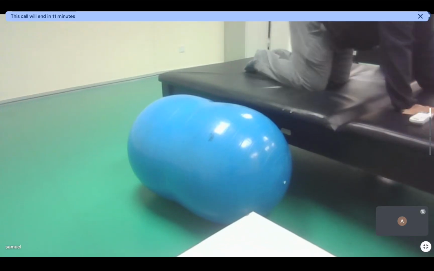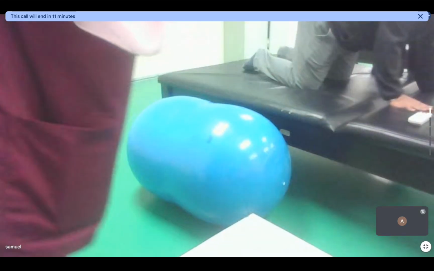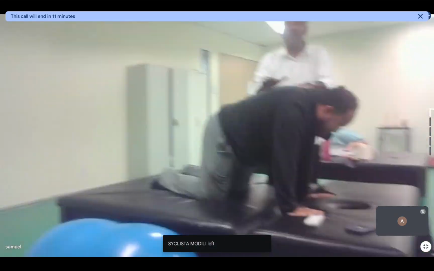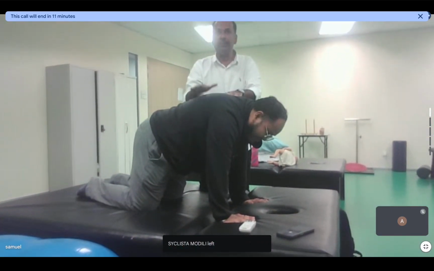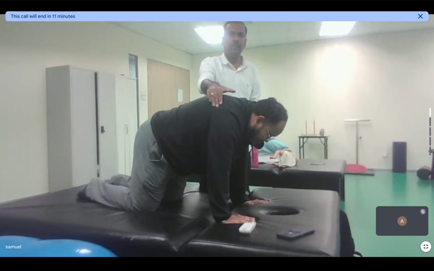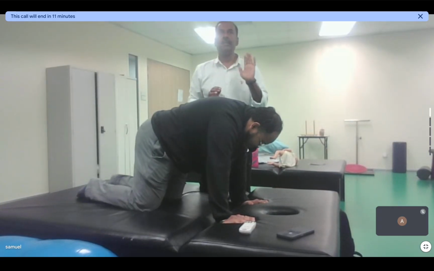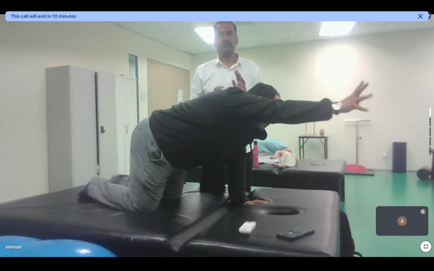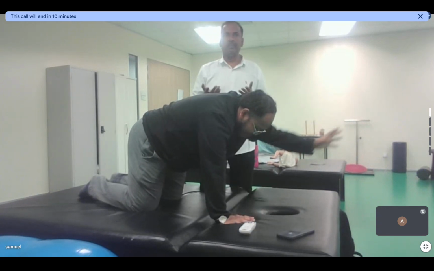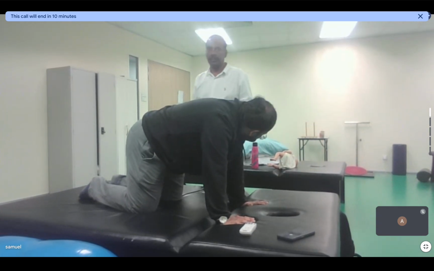Go to four point. This quadruped position is a good position for equilibrium reactions, correction reactions and reaching out. You can use this for those purposes.